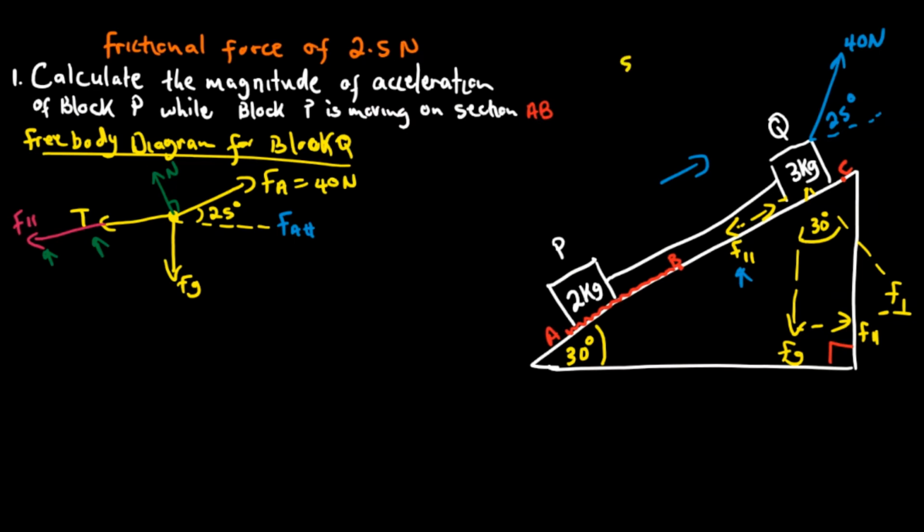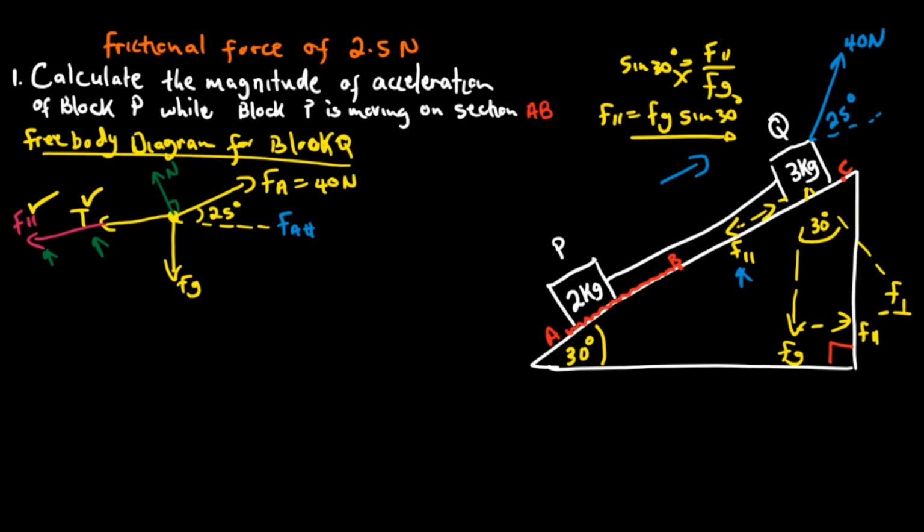So sine 30 degrees is equal to opposite, which is F parallel, divided by hypotenuse, which is F of G. So F parallel is equal to F of G multiplied by sine of 30 degrees. We cross multiplied, so this is the value of the force parallel. Now we are done finding this force parallel.